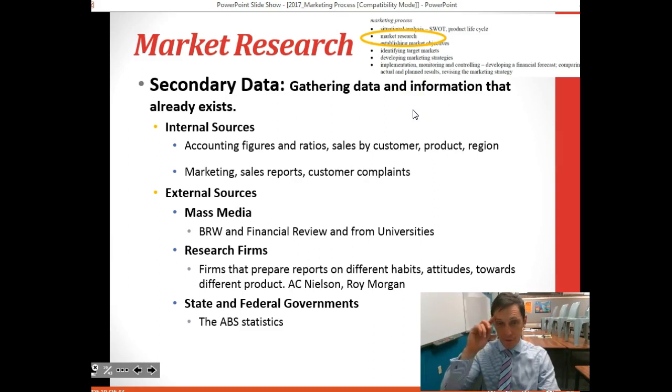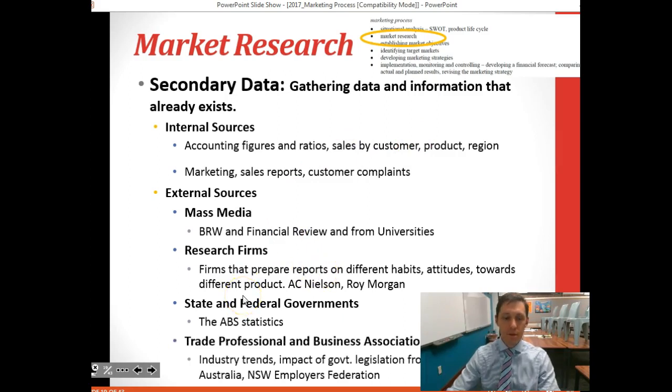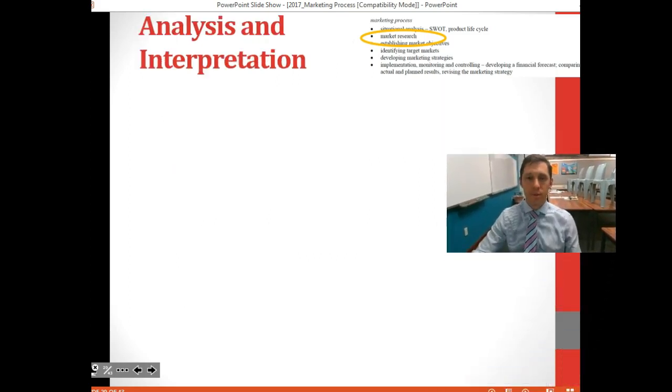There are also external sources through the media, through specific research firms who specialise in gathering data and then sell it to businesses, and the Australian Bureau of Statistics, like I said earlier. Additionally, you might go to a trade, professional or business association. For example, the Business Council of Australia might have information that could be relevant to your business.